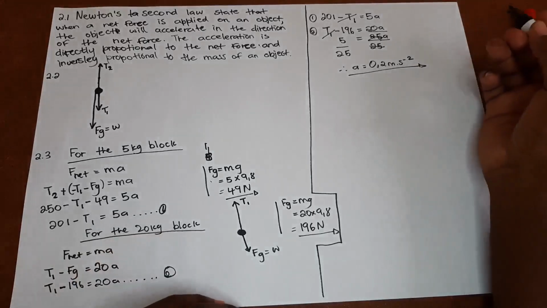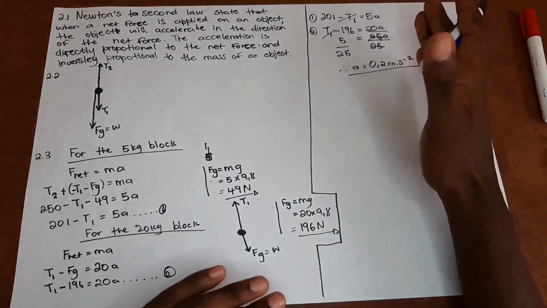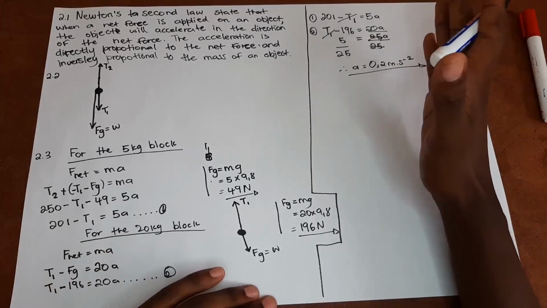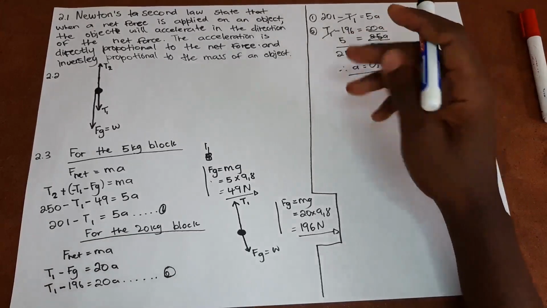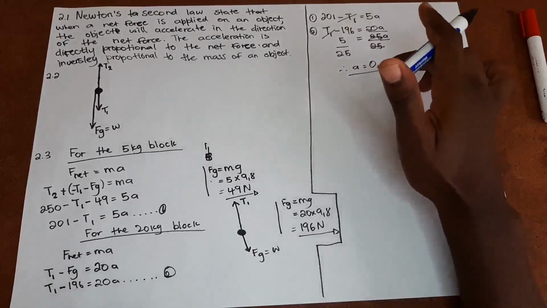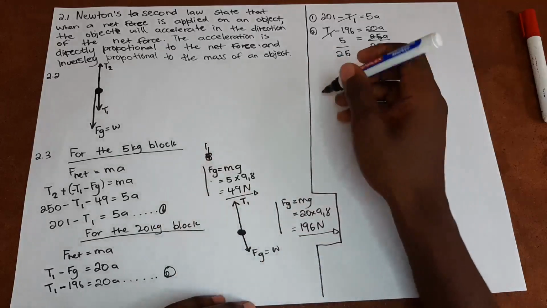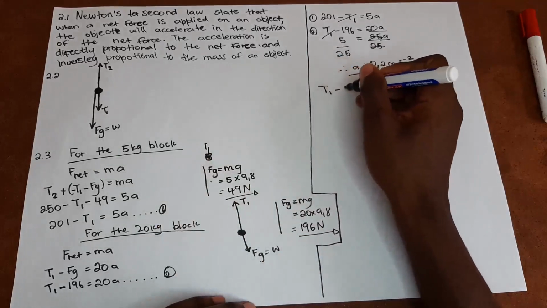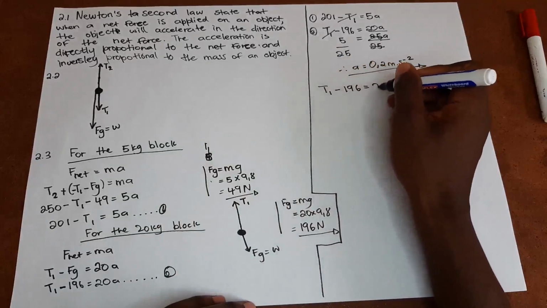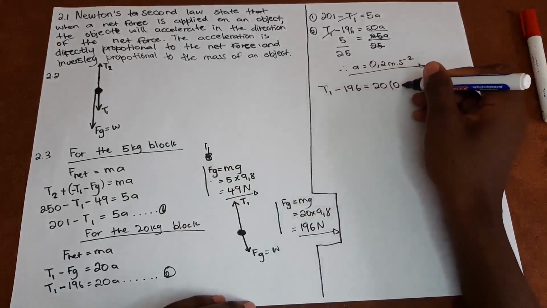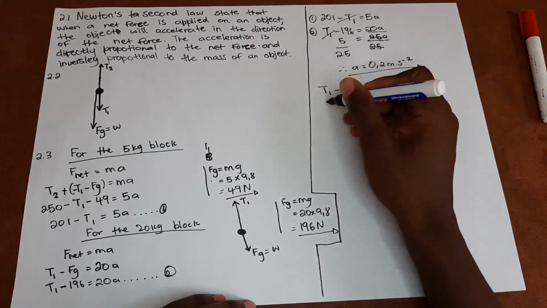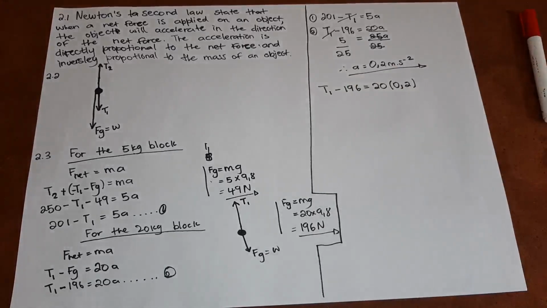They said you must calculate for the tension. For you to know what the tension is, you have to substitute our acceleration into any of the equations. Let's choose equation 2. T1 minus 196 is equal to 20a, which is 0.2. 20 multiplied by 0.2 is 4.